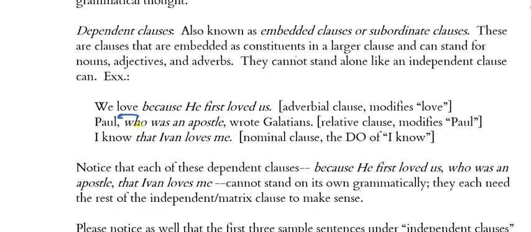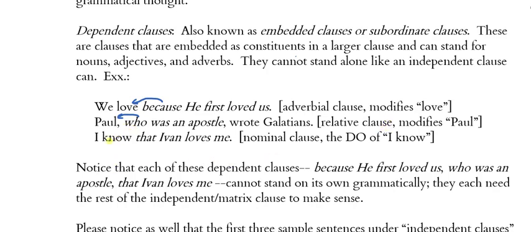Okay, so I'll just draw a line there to Paul. Here, I'll draw a line here to love to indicate that we're modifying different things with these dependent clauses. A who, which, or that clause that modifies a noun is also called a relative clause. Okay, so these have adjectival function.